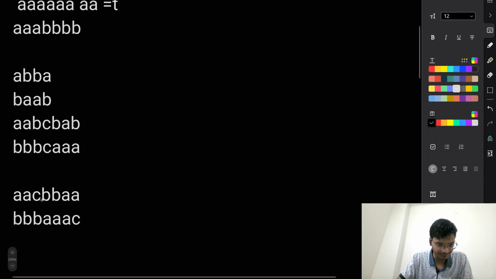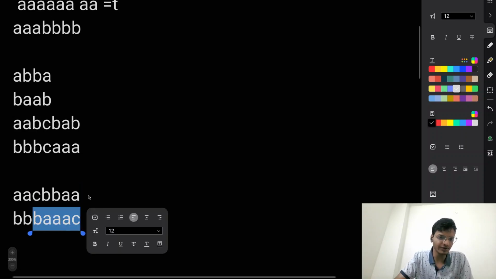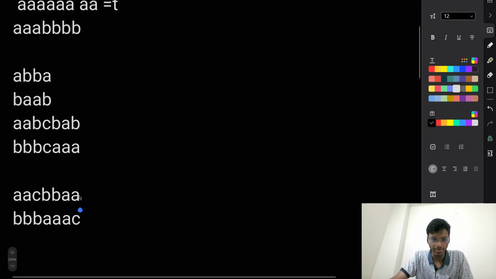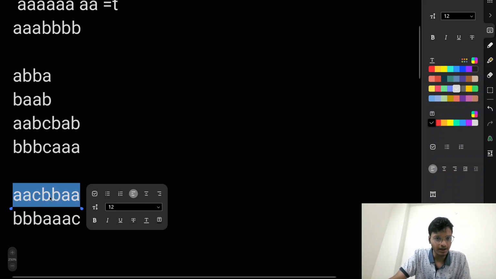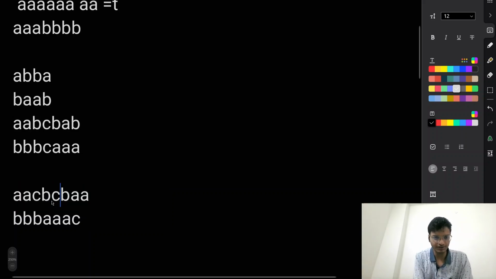Whatever partition you take, you will never get equal. You can see the frequency of B here is 0 and here it's 3, and since C's frequency is 1 and so on. Maybe you are thinking, what if we take C again here? Yeah, you can take this.